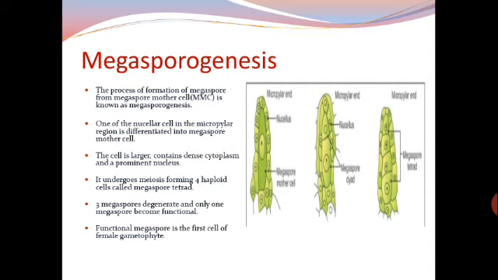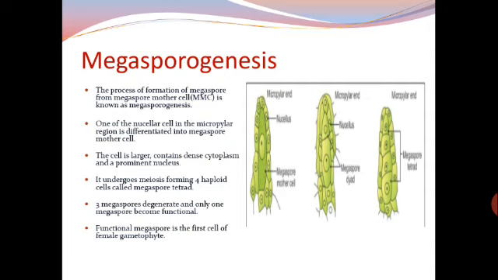One of the nucellar cells in the micropylar region, remember the structure of the ovule in which we studied the nucellus. So, in the nucellus there is a nucellar cell in the micropylar region. It will get differentiated into the megaspore mother cell. I hope you are understanding this.